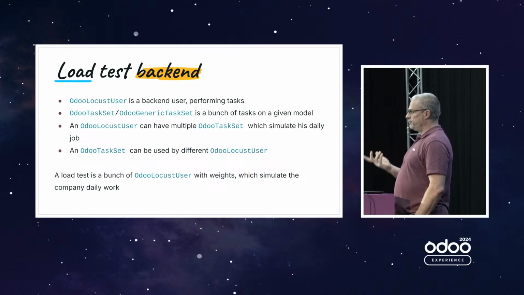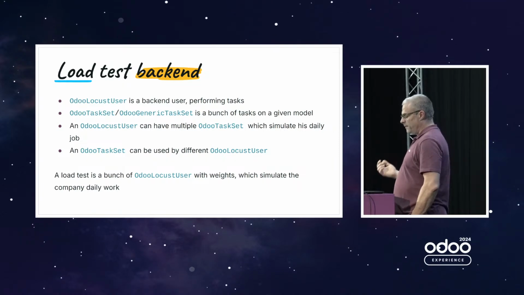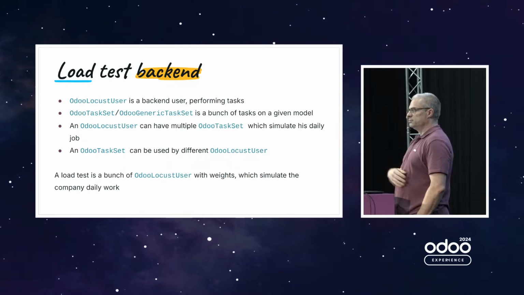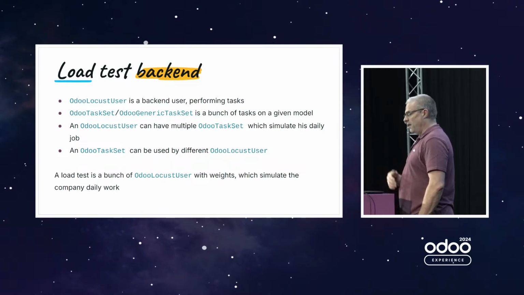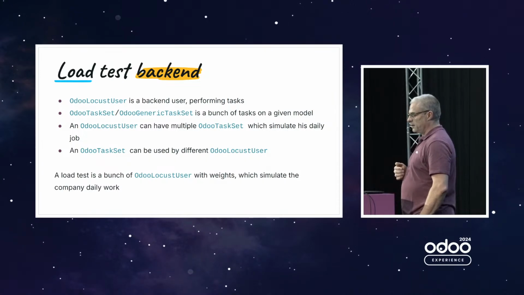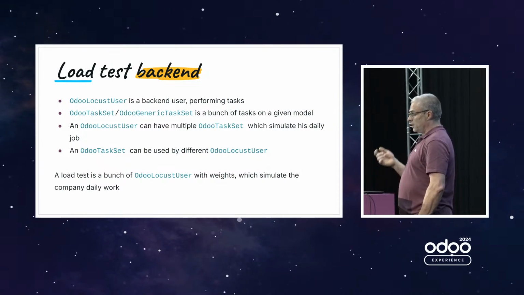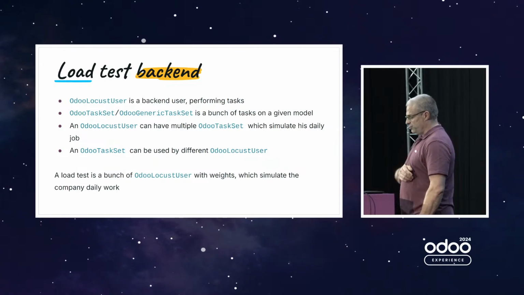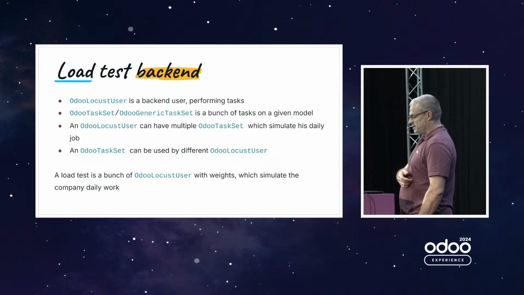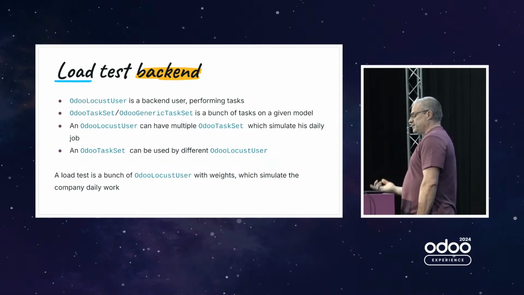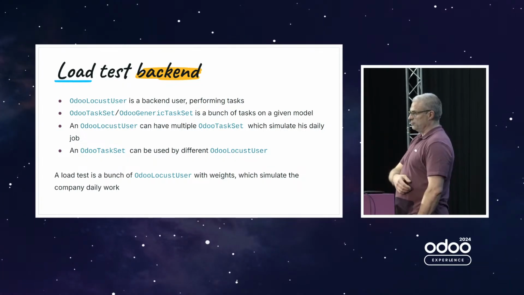I will explain the difference between the two, but mainly the first one is an easy way to issue tests on a given model, and the other one also performs already defined actions. Based on what we've seen earlier, an Odoo Locust user can have multiple Odoo task sets to simulate his daily job, and an Odoo task set is shared by different Odoo Locust users.